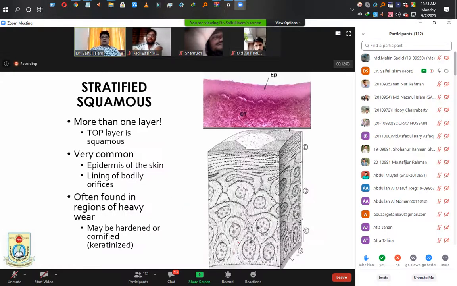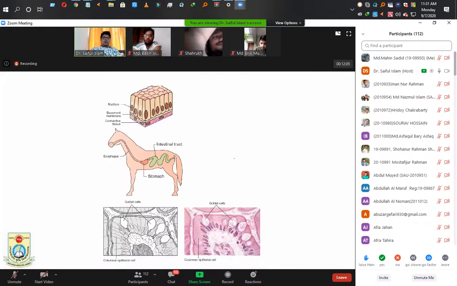So here we can summarize the three types of simple epithelium. We can identify the simple squamous, the simple cuboidal, and also the simple columnar. Here is the schematic diagram, and these are the simple columnar.